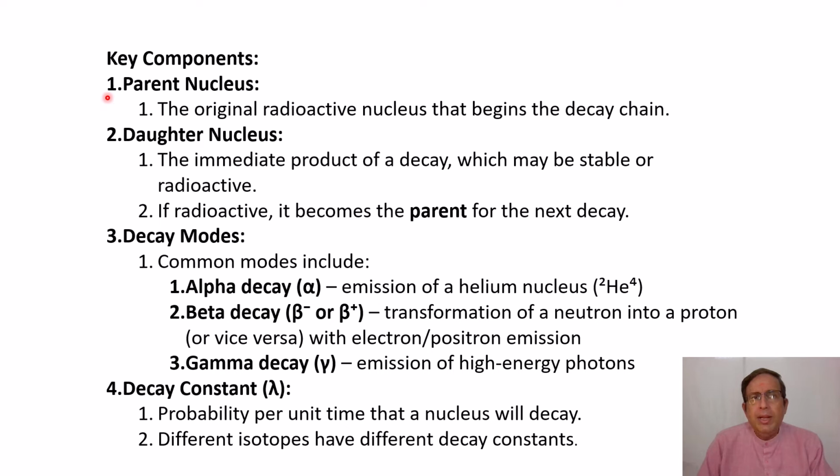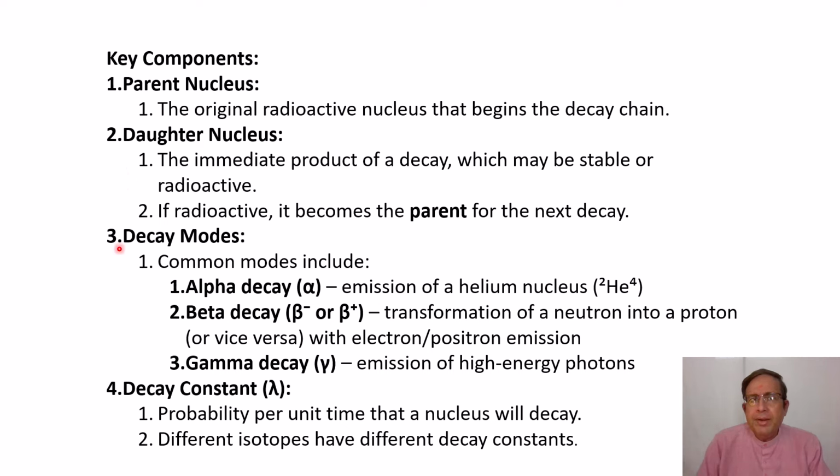The parent nucleus is the nucleus having some concentration at time t equal to 0, and it starts the disintegration, so it is the first or initial member of the chain. Second is the daughter nucleus. These are the intermediate products of the decay which may be stable or radioactive. If radioactive, then they become the parent for the next decay and the chain continues.